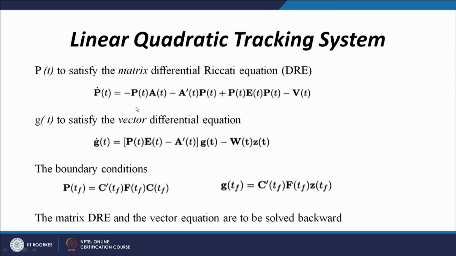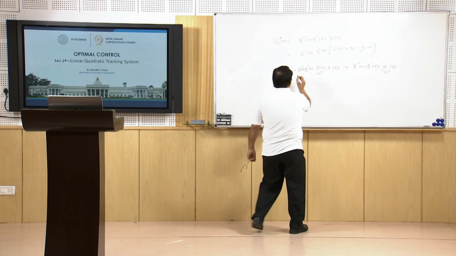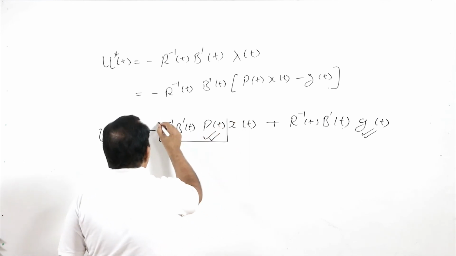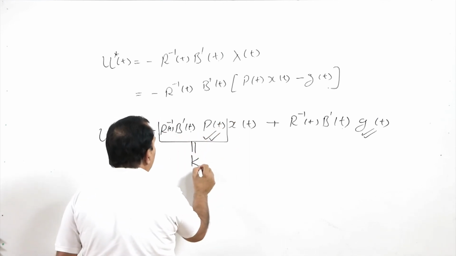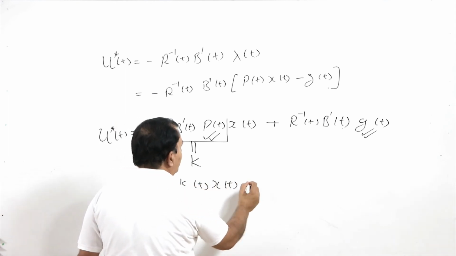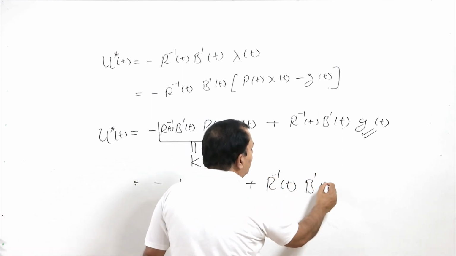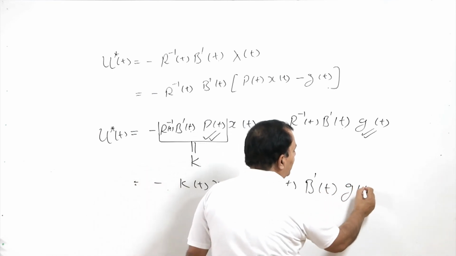So, once we know the value of the P and G, we know the value of my u, which we are writing as minus K t x t plus R inverse B prime G t. R we already know, I know my B matrix, and G I can determine from this.